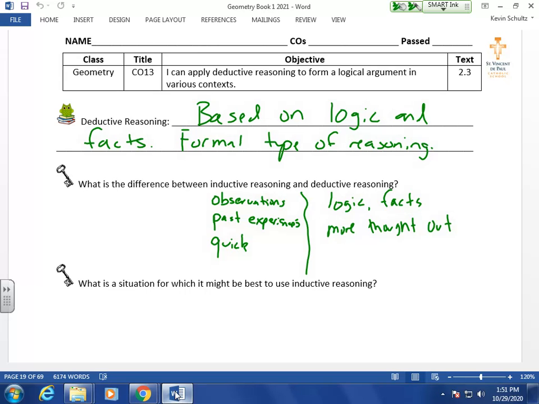All right. So can you think of a situation where it might be best to actually use inductive reasoning? It does have its place. Luke. If you're driving down a highway and you're trying to figure out which turn you should take. And that'd be inductive because you don't always have a lot of time there, right?